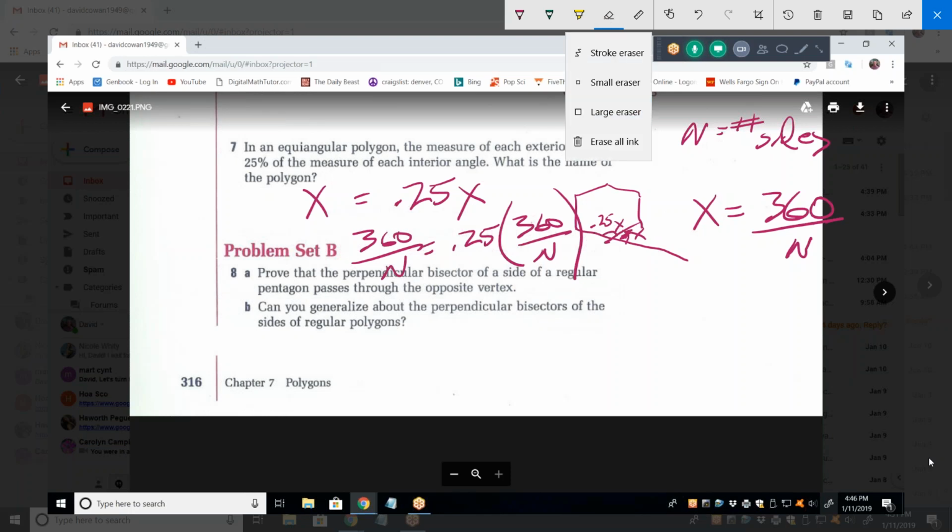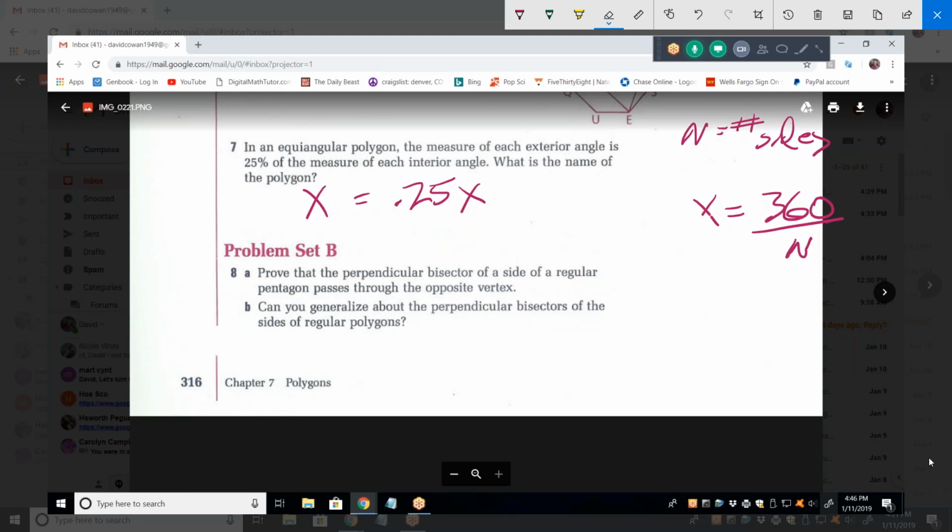So let's go back to the beginning. This thing on the left is true, correct? X equals 0.25 of X? Yes, because it's 25% of each interior angle, and here X is equal to the exterior angle.